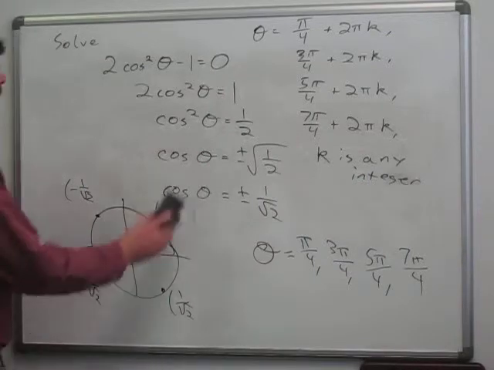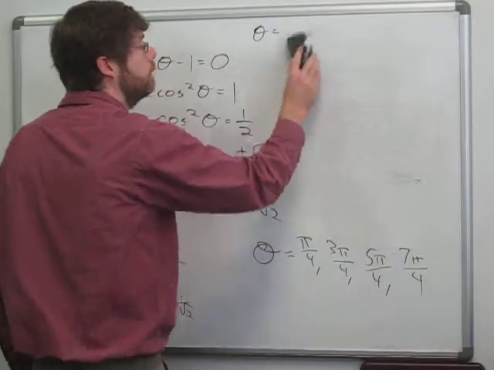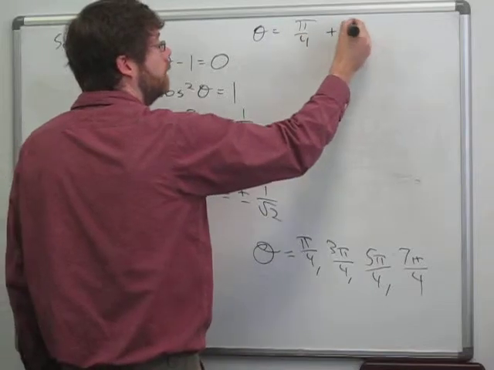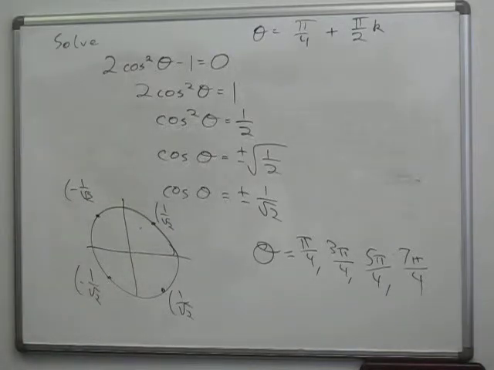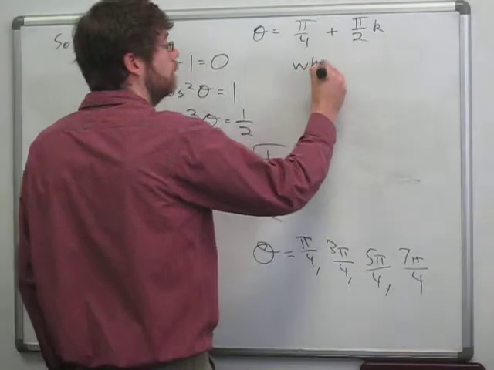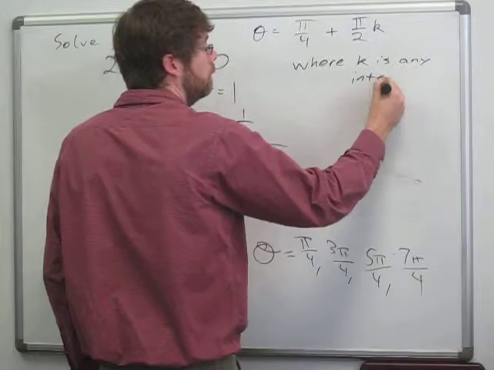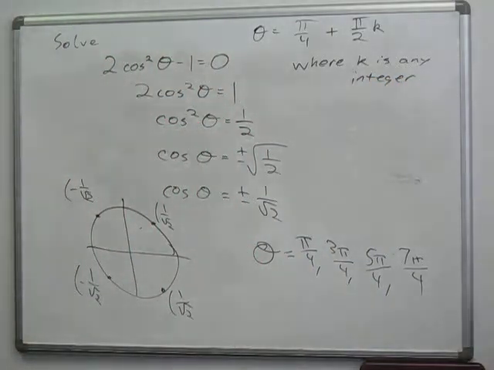So one way to express all of these solutions in just one line would be to say pi/4 plus any multiple positive or negative of pi/2. And that would be a much more succinct way of stating the solutions to this equation when theta is unrestricted.